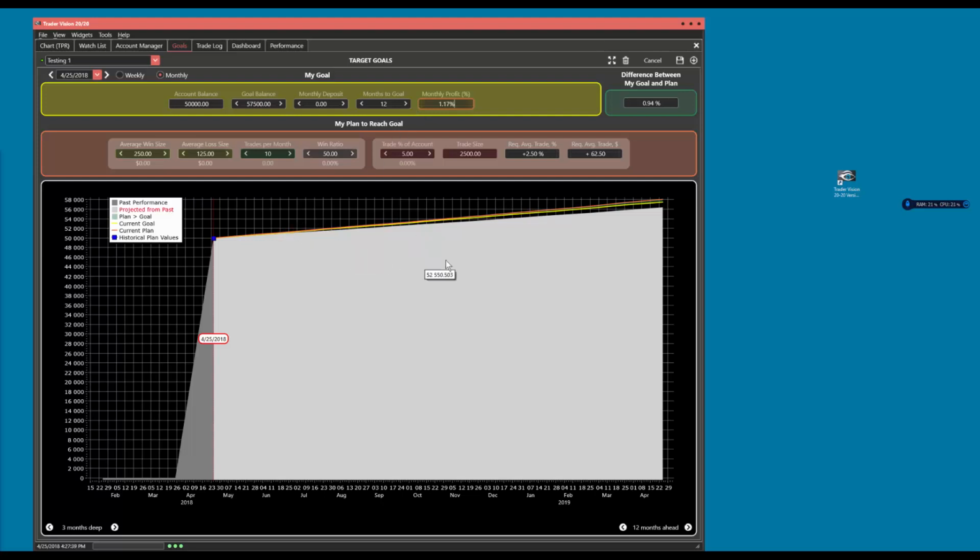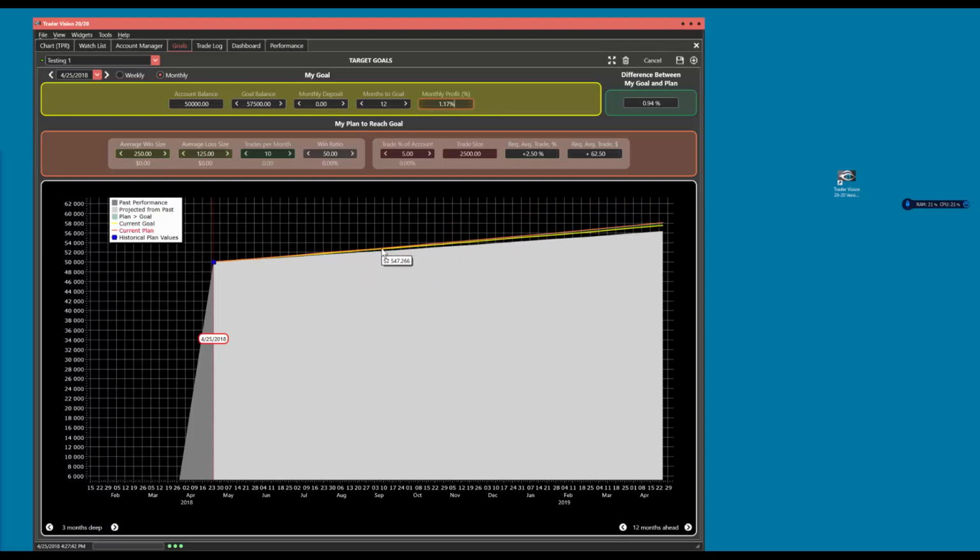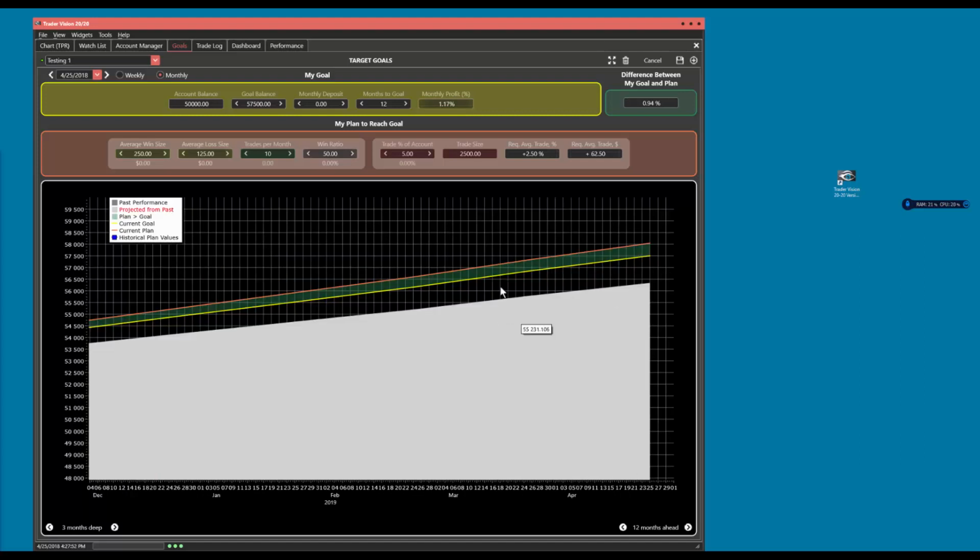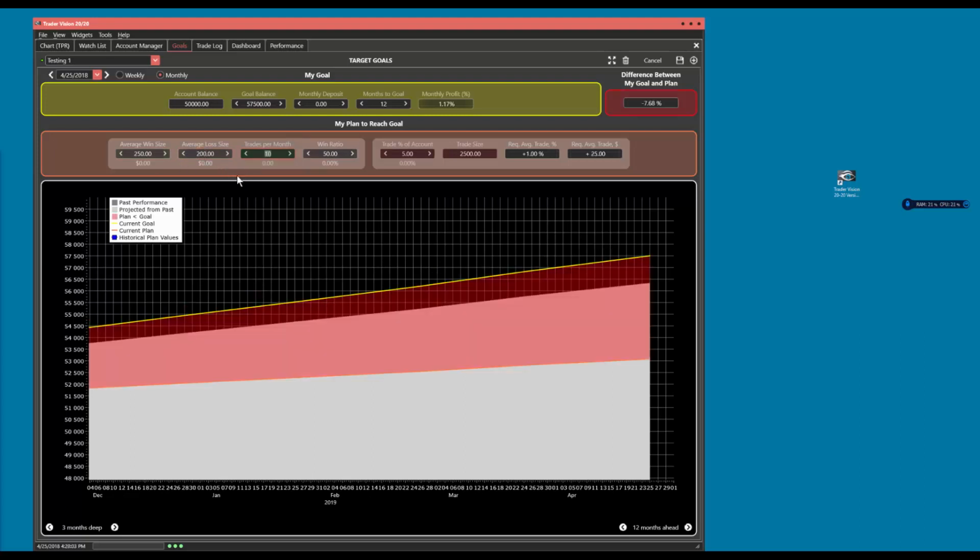And you can see down below that the yellow line is your goal, the orange line is your plan, and you can see that they're above. It's pretty difficult to see, so let's zoom in, but you can see the green area then is that we have a green difference. If we had made this $250 win and a $200 loss, we of course would then have our goal way above our, you can hardly see it, but there is that orange line there, our plan, and that would be a red difference between the two.